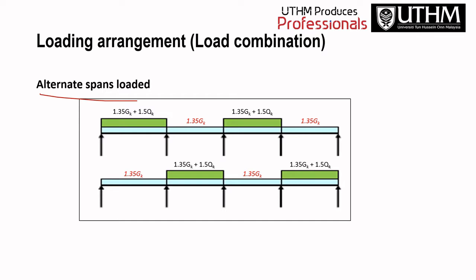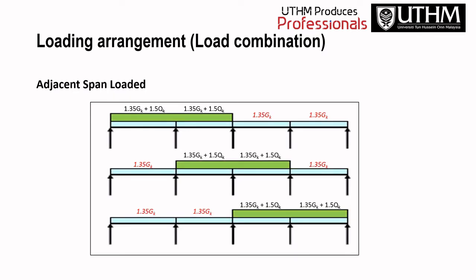So this is 1.35 GK plus 1.5 QK, and this is 1.35 GK. Okay, so another one, and then this one you have two cases, which is case 1 and case 2. So for case 2, you start from the 1.35 GK, and then 1.35 GK plus 1.5 QK, and then again 1.35 GK, which is only the design permanent load, and this is the design permanent and variable load.